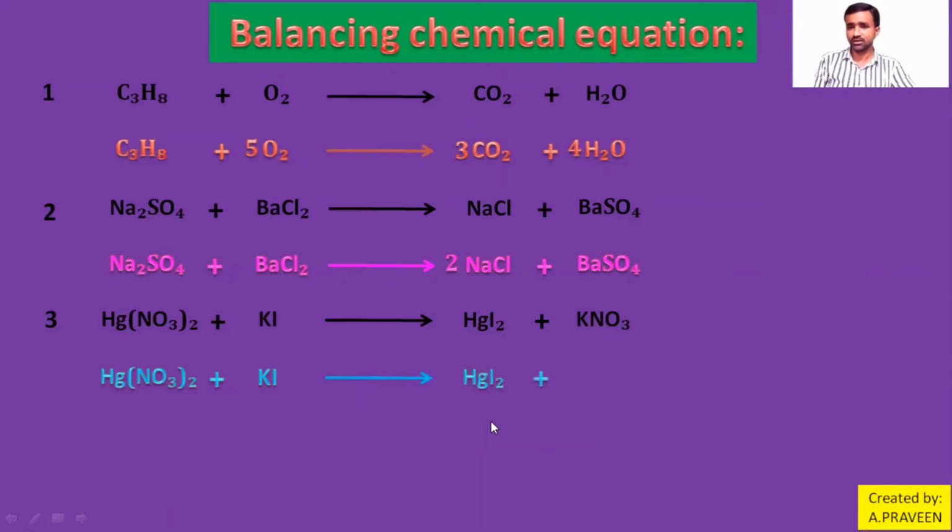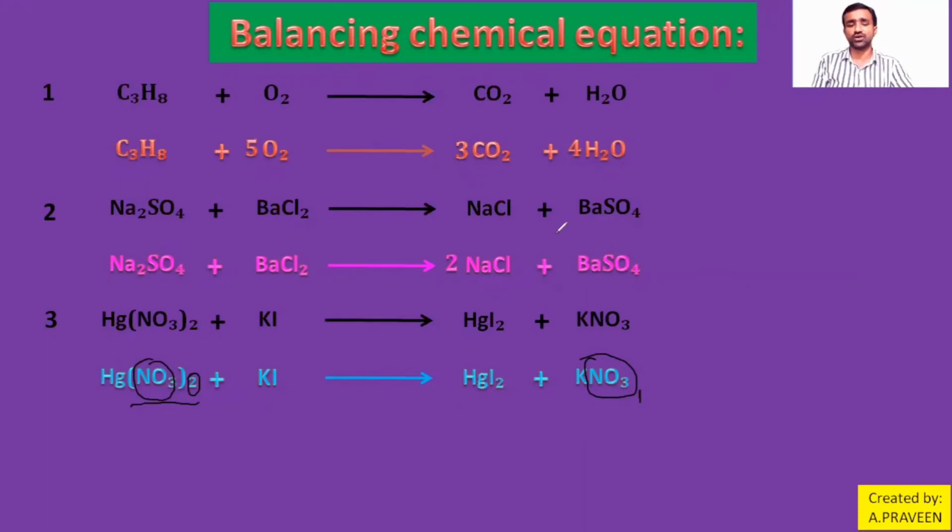Here, we have to choose the largest numbered atom, but I have a group of atoms here. I'll show you by underlining. See NO3 as a group. Its count is 2 on one side and 1 on the other.